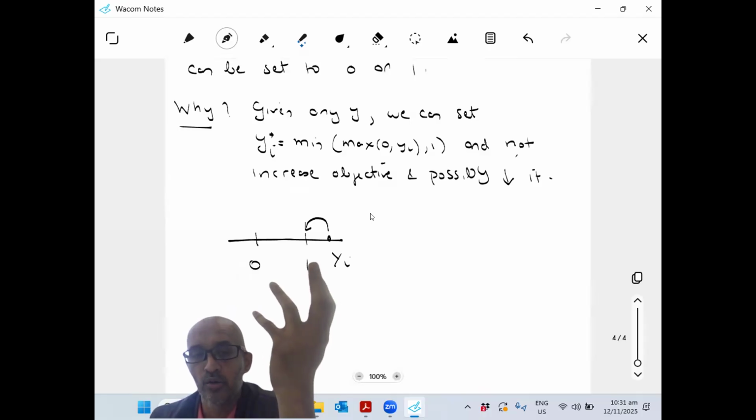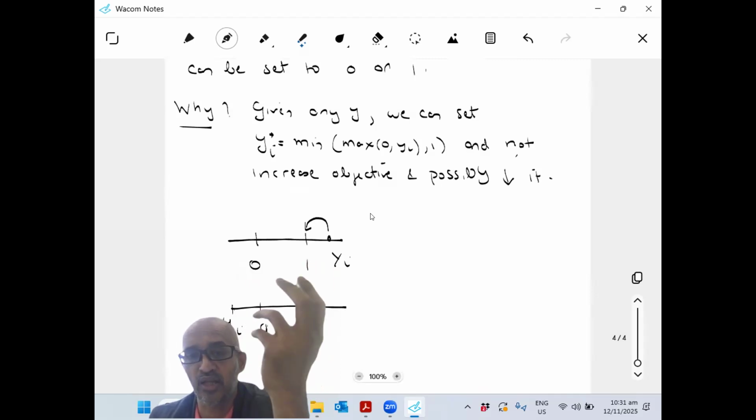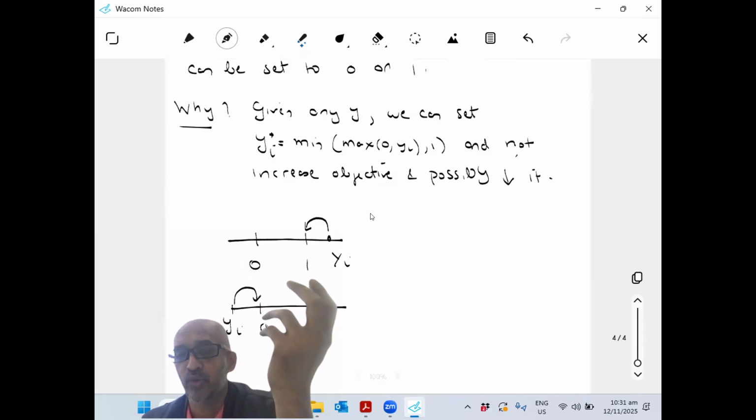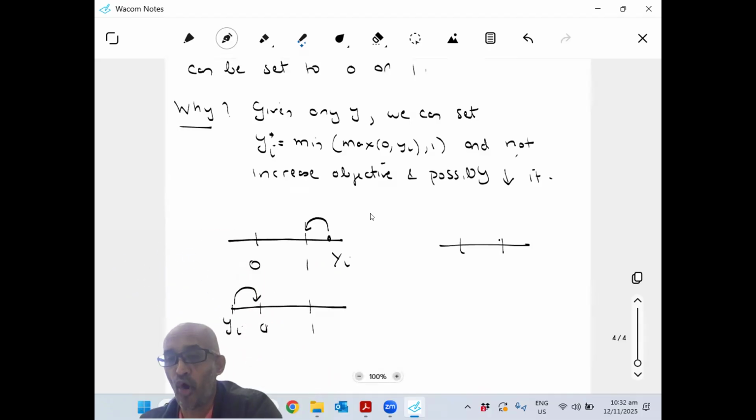If yi is below 0, for example if yi is here, it's the maximum of 0 and some negative number, that's 0. The minimum of 0 and 1, that's 0. So for points outside 0 and 1, it's moving them back to the boundary points. For points inside, it keeps them as is. So this is yi star.